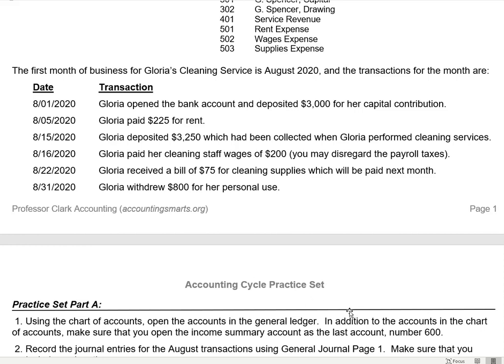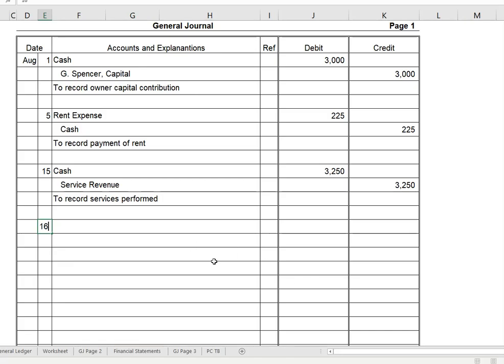She paid her cleaning staff wages of $200. Remember, we're going to disregard our payroll taxes, so she's going to use cash, so we will credit our cash account, right, because it's an asset. Assets decrease on the credit side. And we're going to debit wages expense. So that's on the 16th. So we have wages expense is our debit, and that's $200.